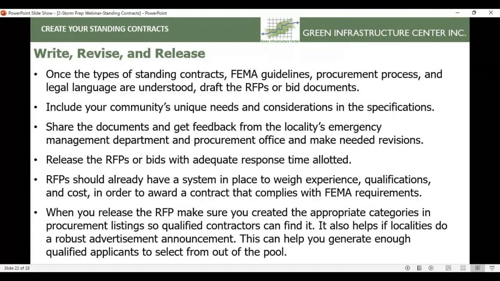So you don't want these things expiring, whether it's a 1 year, 2 year, or 3 year. You don't want them expiring June the 17th when hurricane season is about to hit. Time them so that you're awarding them in the winter, so that you don't have any issues with not having a contractor in place. Very good point.